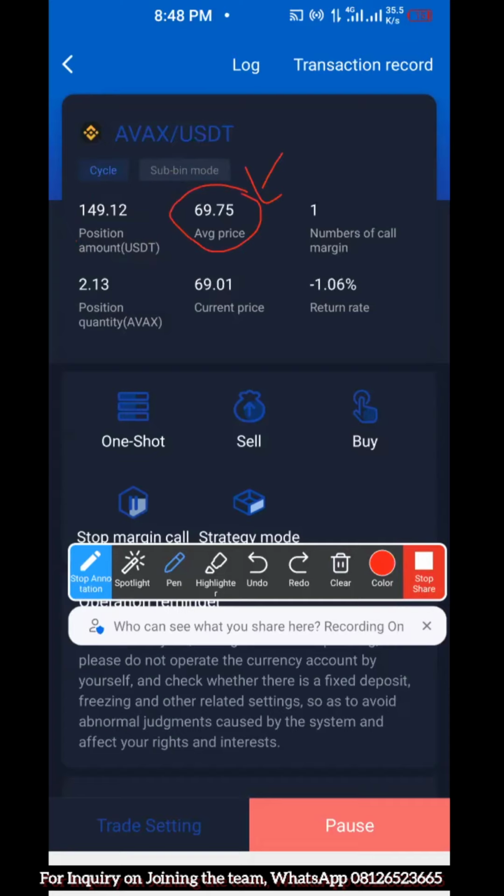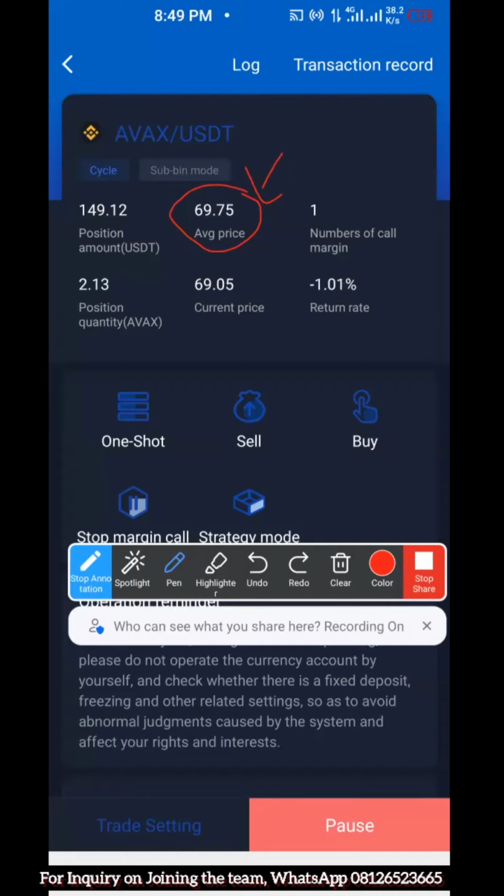You are not a business person if you are behaving like that. Or except maybe you are running a charity organization or you are running an NGO. The idea behind business is that you buy at a low price and ensure you sell at a higher price. And that is the same principle that is guiding this cryptocurrency trading. So my average price just means this is the amount that I bought my own coin.